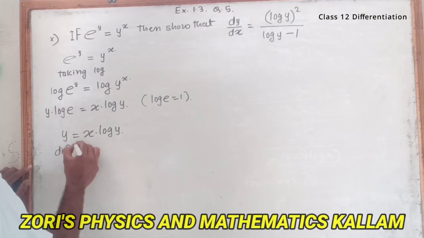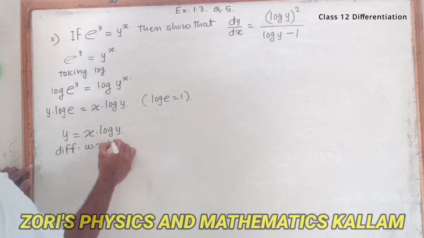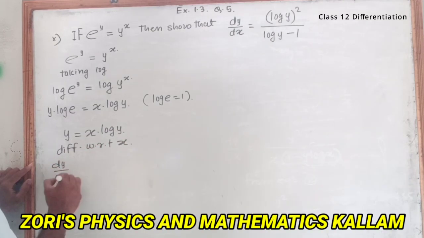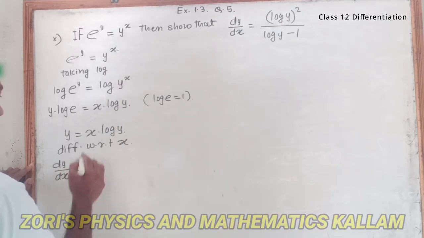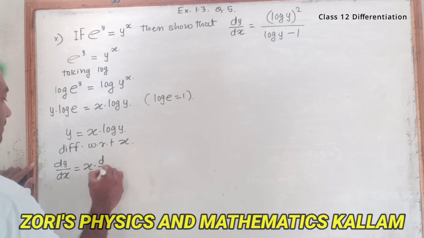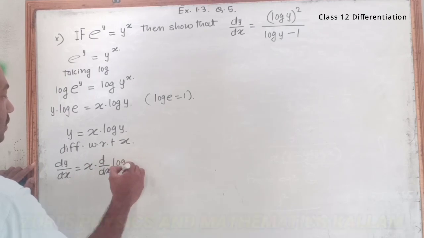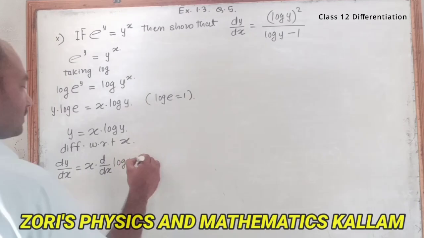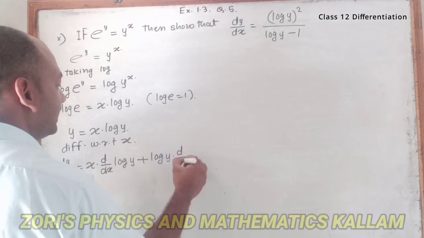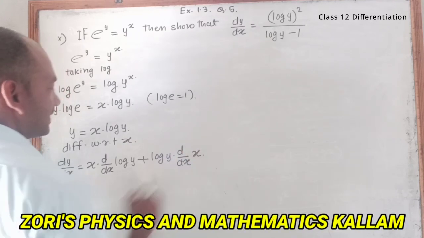Differentiate with respect to x. So dy/dx is equal to, here we use the product rule, x into d by dx of log y plus log y into d by dx of x.